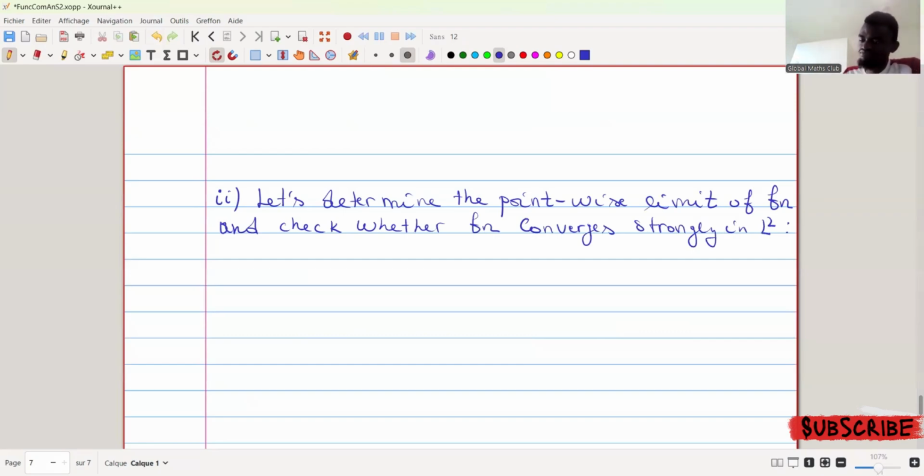So as you know, this is very easy. The first thing is that if you fix your x greater than 0, then for n large enough, you know that 1 over n is less than x.